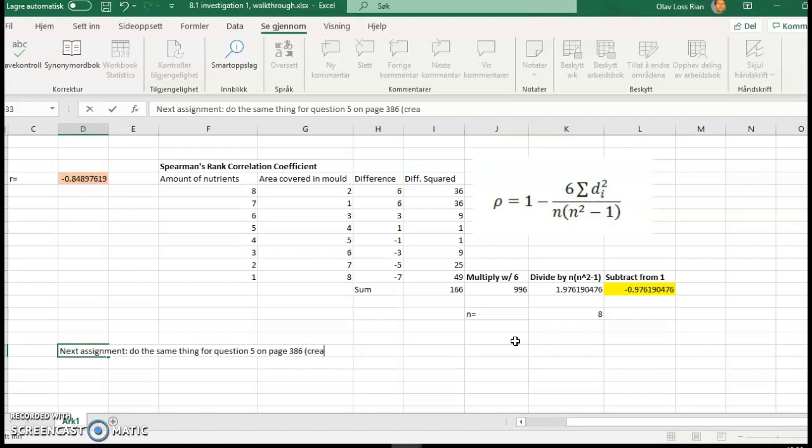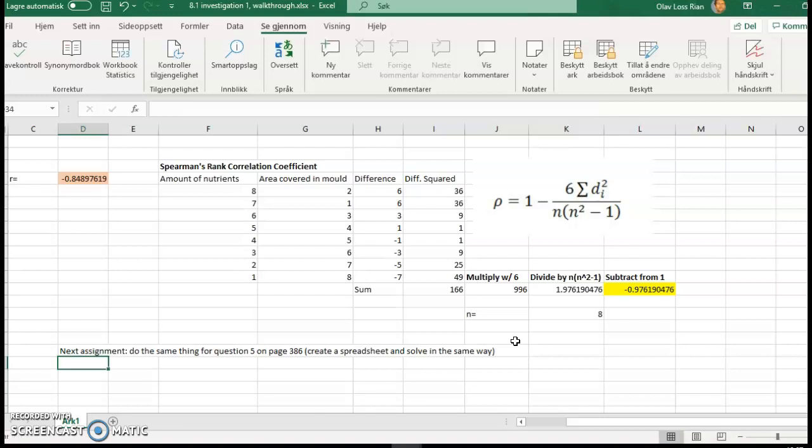So use a spreadsheet and solve in the same way. In the exam, you would have to do this by hand, but we don't have to do this while we practice. And this will hopefully give you a better understanding of what you're doing. So this will be the next assignment for Thursday, probably. Yeah. So I'll let you know in OneNote as well.